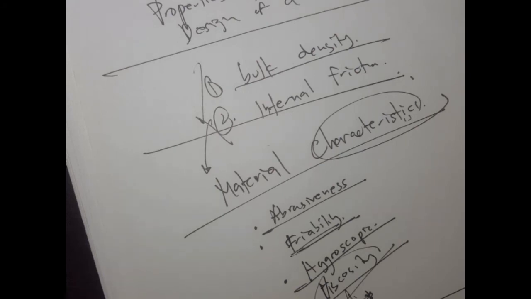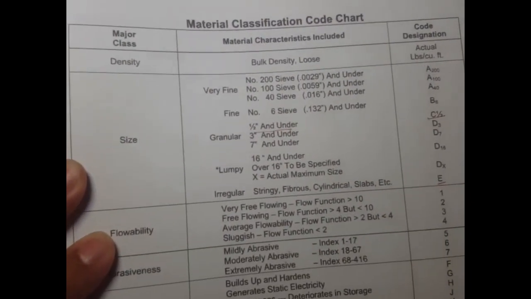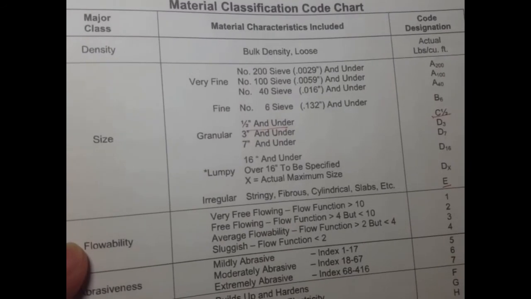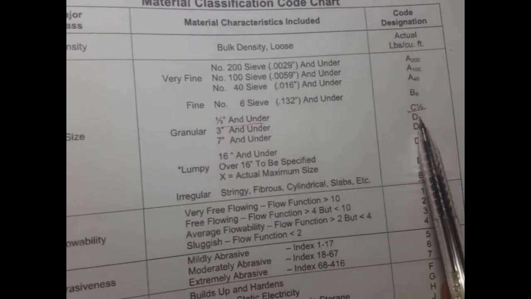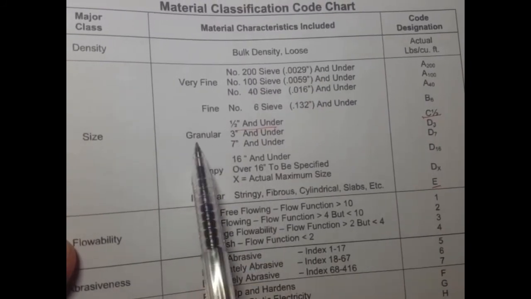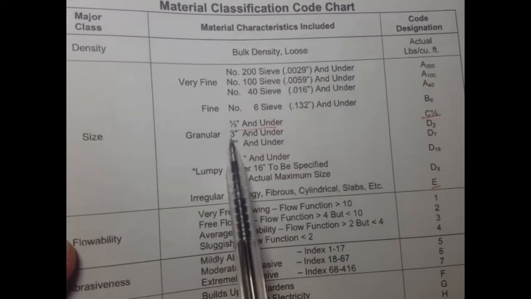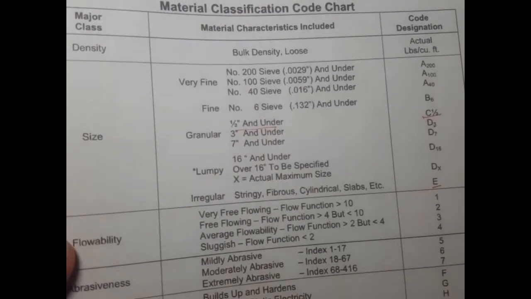It's also given in a table. For example, the size, we have D3. So when you see this D3, it means our material is a granular material, and the size is 3 inches and under.